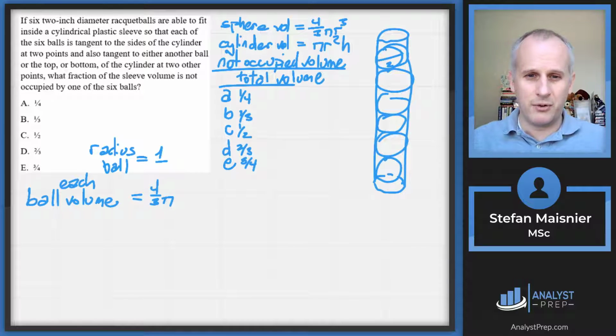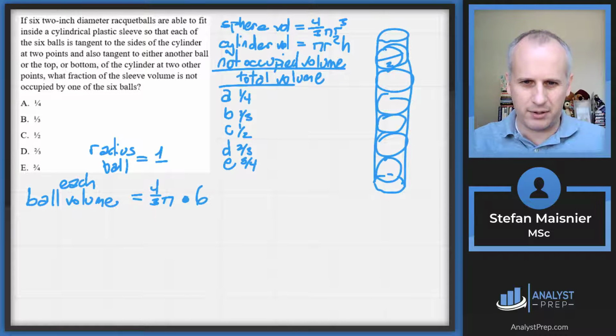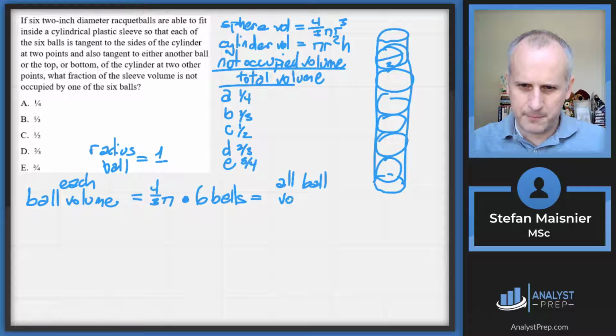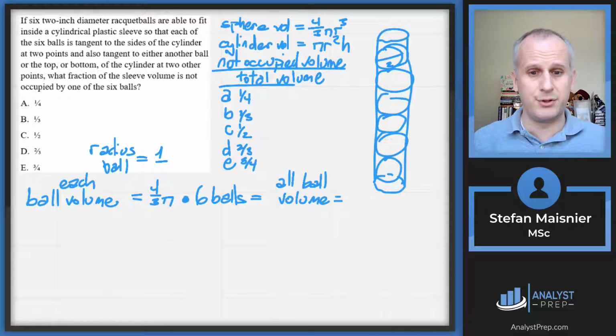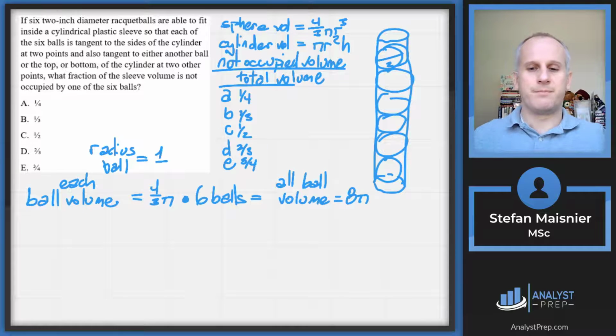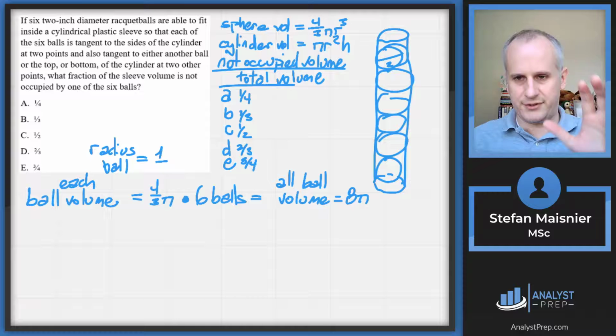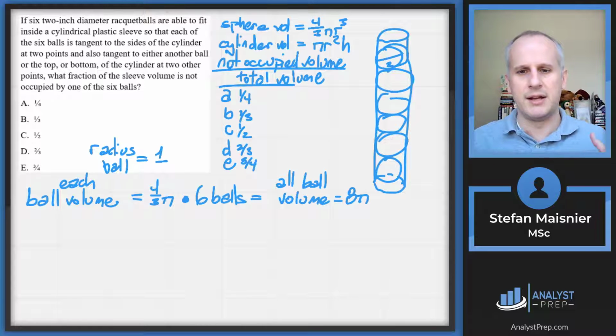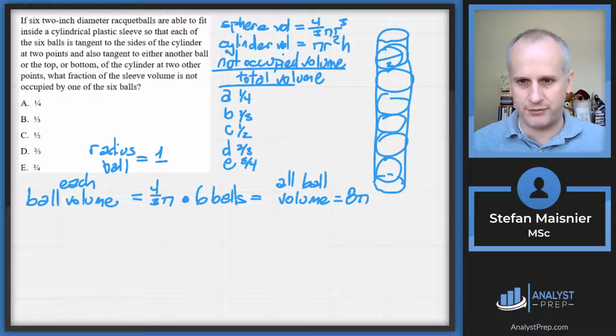Now, we're going to have to take that 4/3 pi and multiply it by 6 balls. So that means the all ball volume is going to be equal to 6 divided by 3, which is 2, times 4, which is 8 pi. So we've got part of this. We know how much the occupied volume is, basically. But now we've got to figure out what the total volume is.